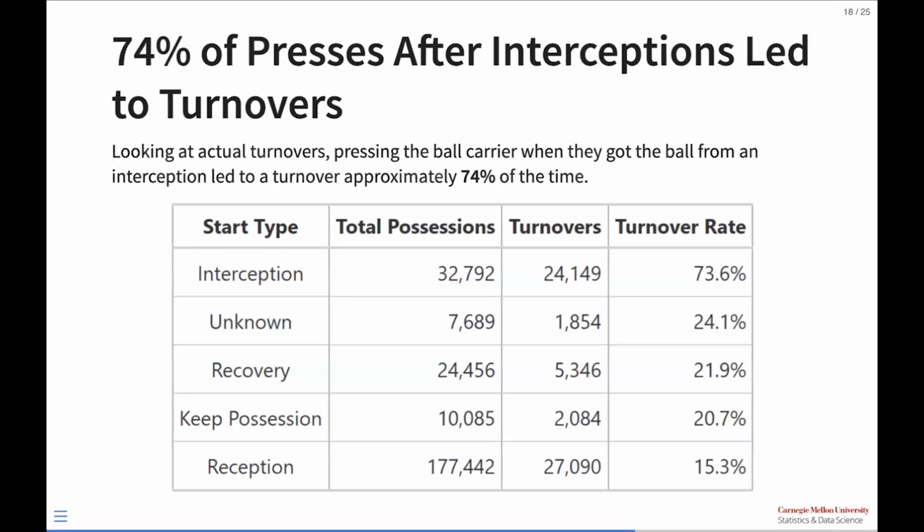This kind of validates what, in the English Premier League a couple of seasons ago, Liverpool and Manchester City were known to do: press as soon as they lose the ball. And this shows that pressing as soon as you lose the ball is the best way to force a turnover because a team is probably not in the best shape and they weren't expecting to lose the ball then.